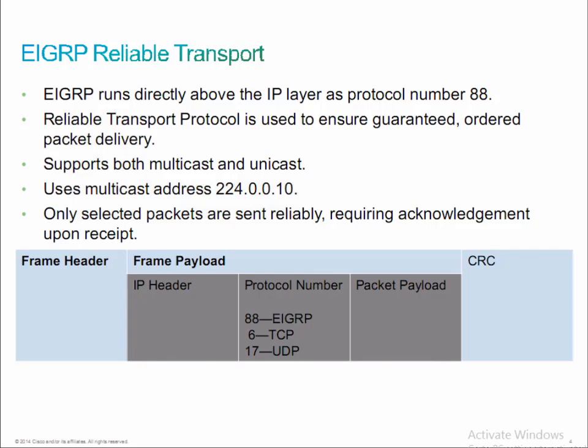So EIGRP runs directly above IP. There is no, quote-unquote, transport layer component. It is protocol number 88. OSPF, incidentally, is protocol 89. And it uses something called the Reliable Transport Protocol for guaranteed delivery of datagrams, ordered packet delivery, etc.